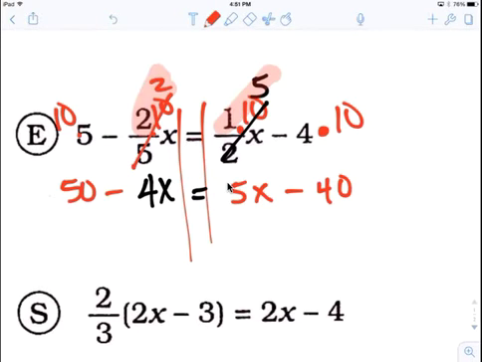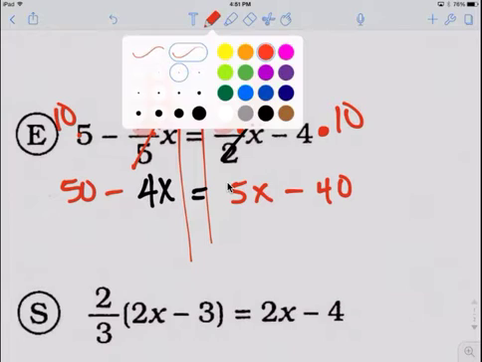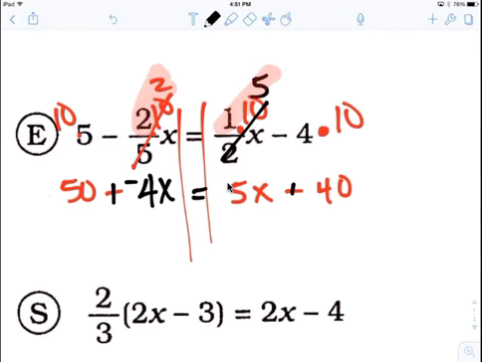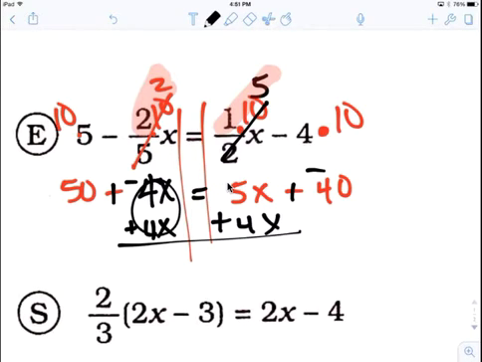Okay? Then I would do additive inverse first of all. I would make 0 to the -4x, the smaller the coefficient. Add 4x so I can deal with positive. You get 50 equals to 9x plus a -40.